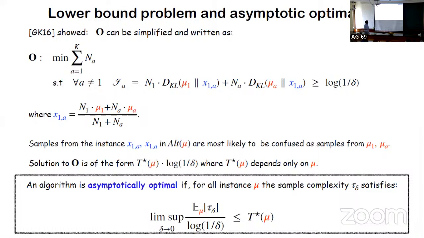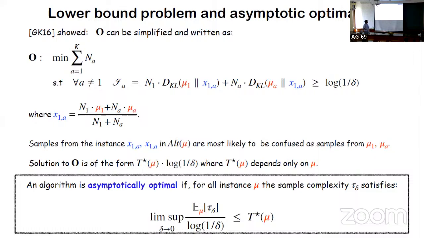Now for this simplified lower bound problem, it is easy to see that the solution to the problem O is of the form t star mu times log of 1 upon delta, but this t star is just some constant that depends only on the instance mu. So what all of this tells us is that any delta correct algorithm suffers an expected sample complexity of at least t star mu log of 1 over delta, but t star is just a constant that depends on my instance.